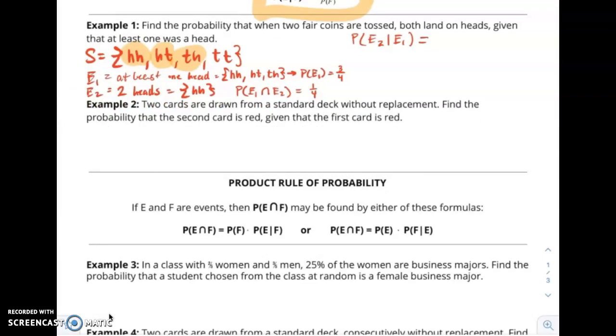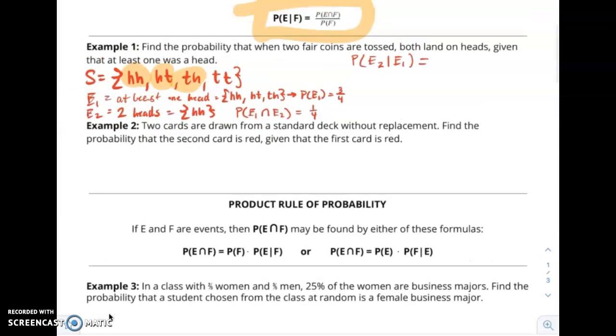So what we're going to do is set up that equation at the top where we're going to have the probability of event 2 and event 1 happening divided by the probability of event 1 happening. So the probability of the top we already know is 1/4. The probability of the bottom we see is 3/4. And then if you divide the fractions, which means you multiply by the reciprocal, you end up getting a probability of 1/3.